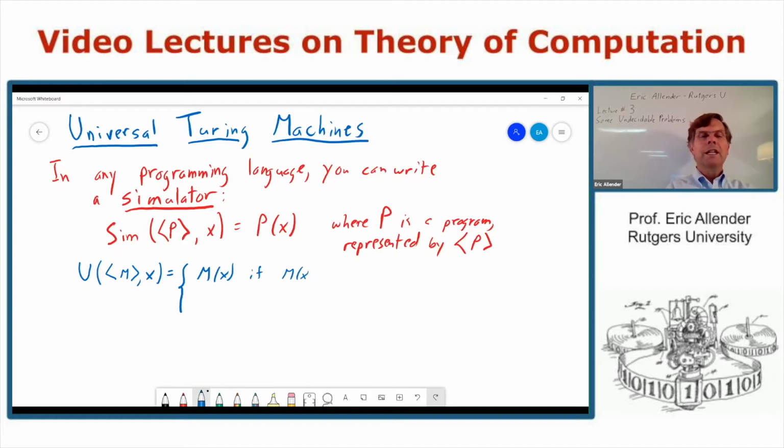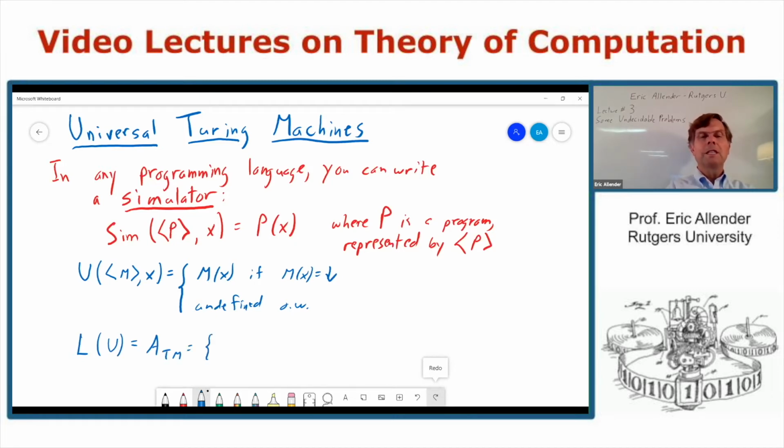What does it do? It takes as input an encoding of a machine M and a string X, and it outputs whatever M outputs on input X if that computation halts. And otherwise, we just say it's undefined, which you can think of as meaning the computation doesn't halt. Now, this machine, like any other machine, has some language that it accepts, and we call that the language of that machine, L of U. And that has a very special name.